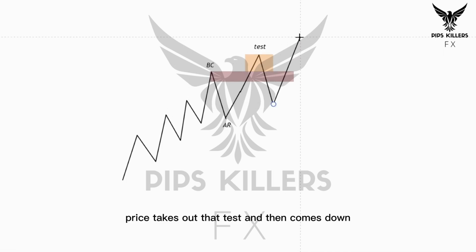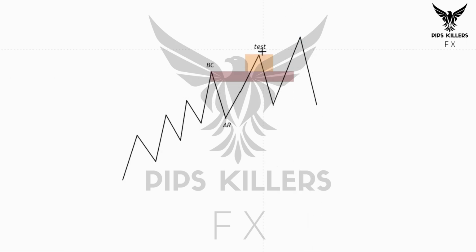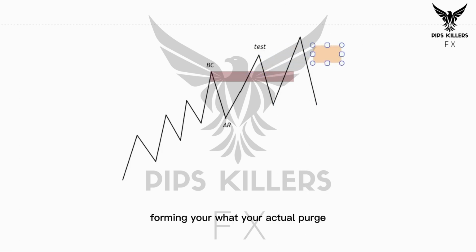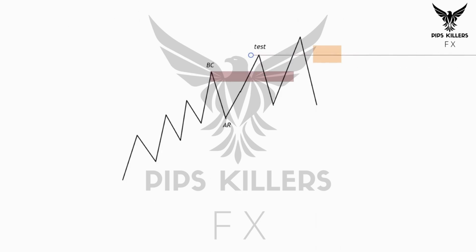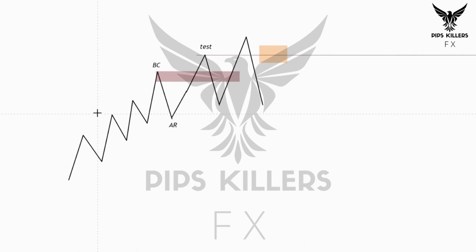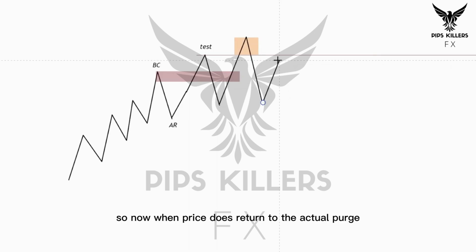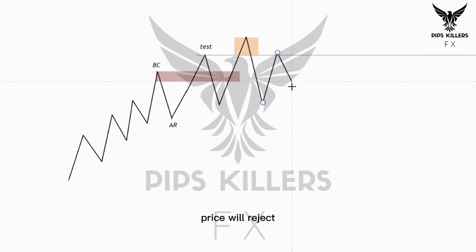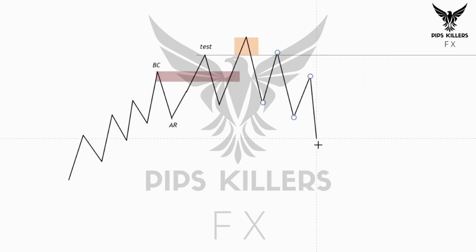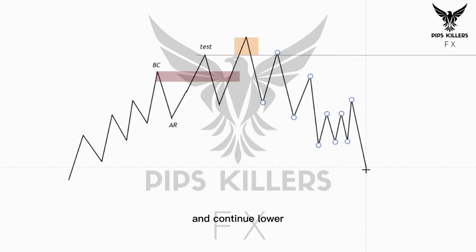Price takes out that test and then comes down, forming your what? Your actual purge. So now when price does return to the actual purge, price will reject and continue lower.